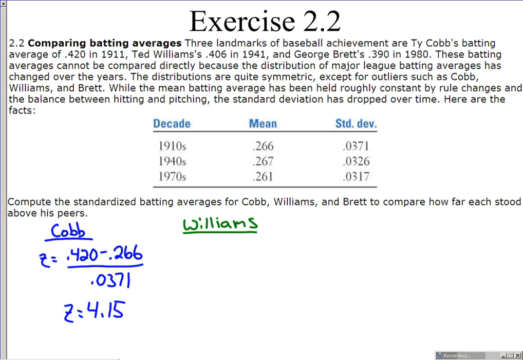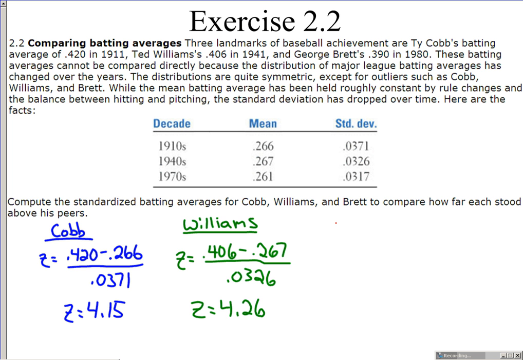Ted Williams hit .406. Mean batting average during that decade was .267. Standard deviation 0.0326. Plug that into your calculator. His z-score was 4.26.